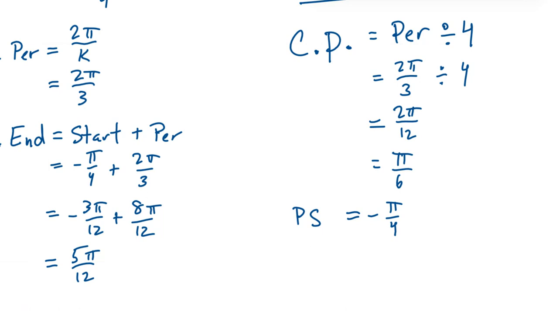This might feel new compared to grade 11. You didn't have to do it, so why are we doing it now? Why are we overcomplicating things? Well, in grade 11, you might have a period of 45 and a phase shift of 60.